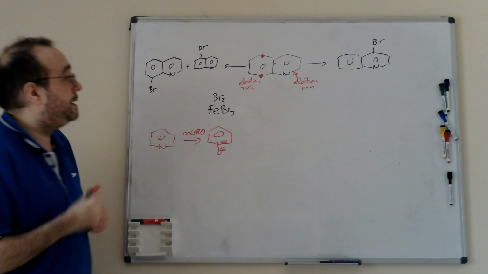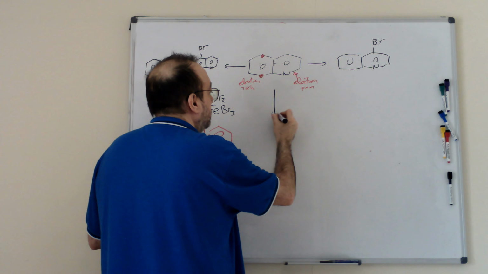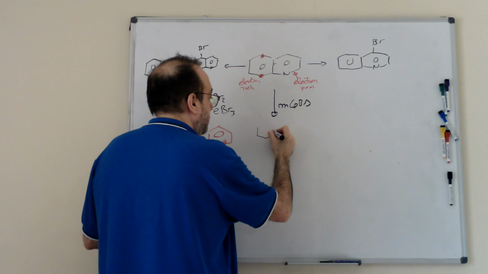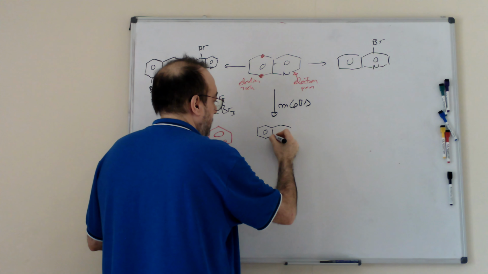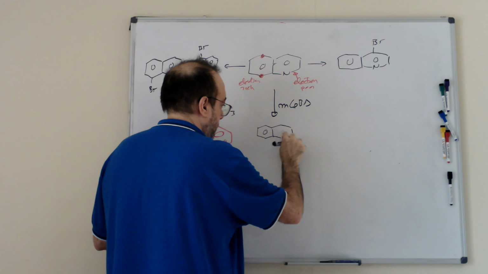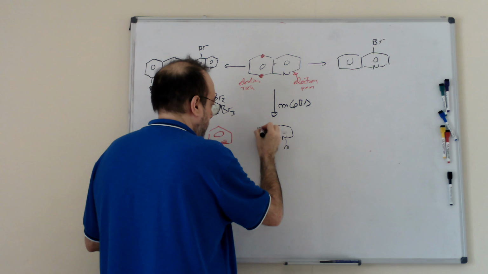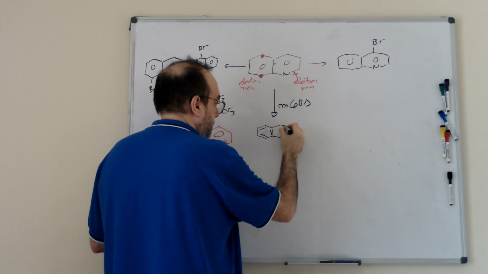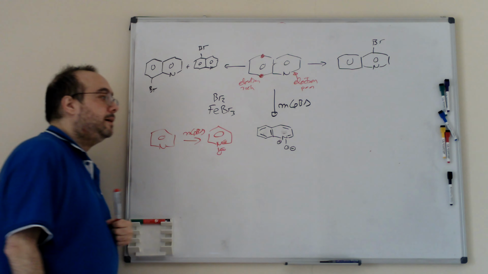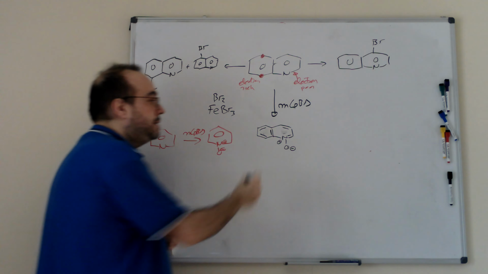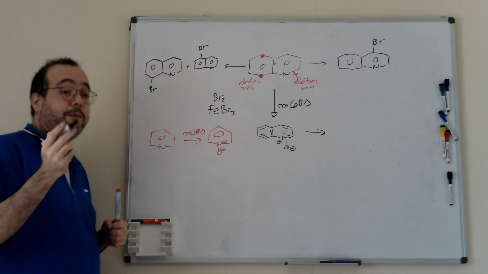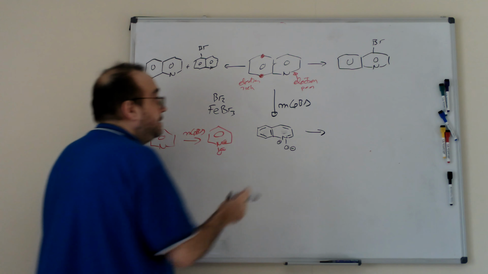Here we will do exactly the same. We take this compound, we add mCPBA, and what we generate is the N-oxide, and then this compound is now very active toward the electrophilic aromatic substitution, and remember, the orientation is always para. That is what we want.